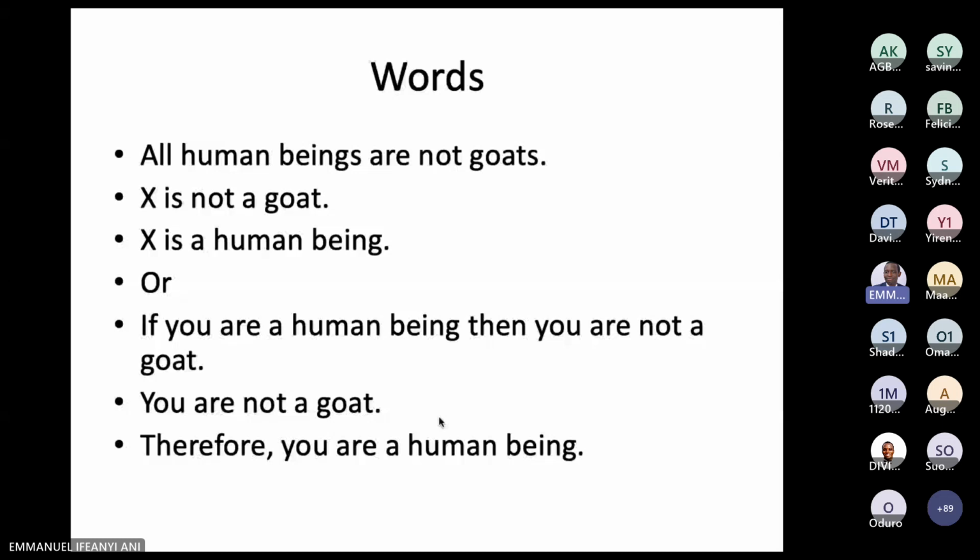The fact that all human beings are not goats doesn't mean that human beings are the only animals that are not goats. So it doesn't provide sufficient reason for the conclusion. That's why we say that affirming the consequent will always lead you to an invalid conclusion.